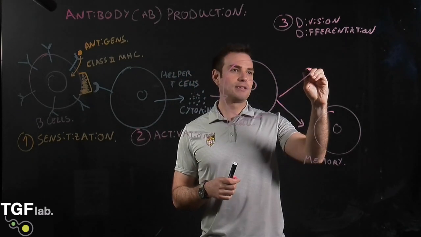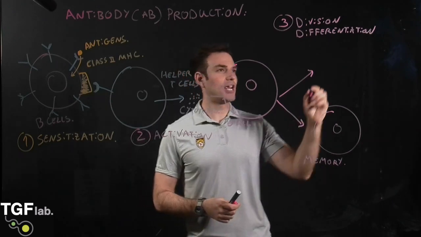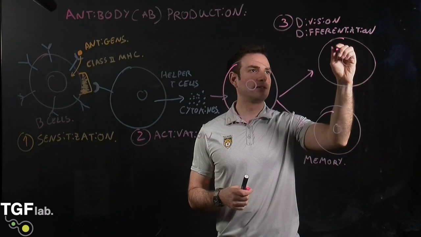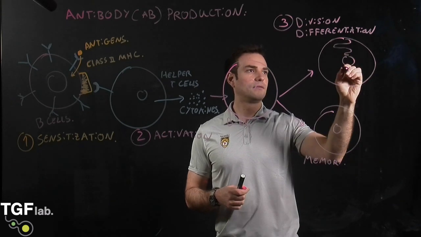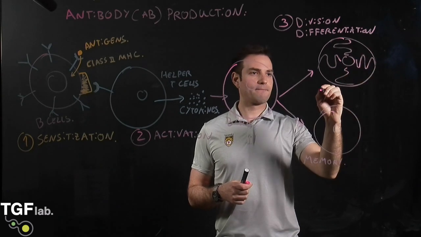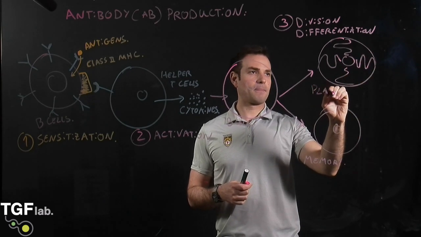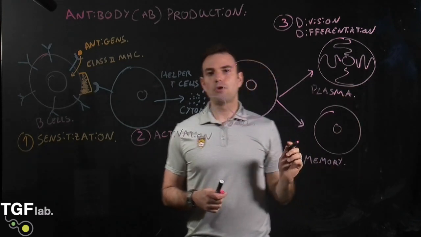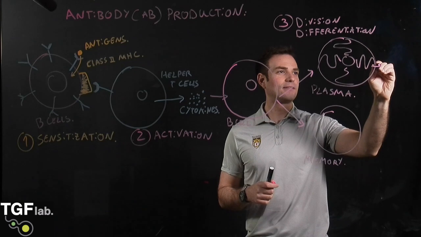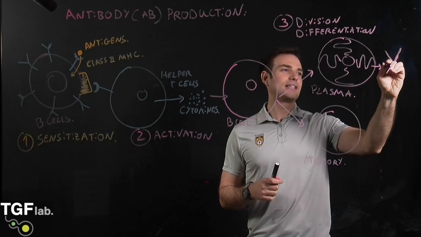And also, these B cells are going to divide and differentiate into another type of B cell, which is called the plasma cells. So these plasma cells are extremely important because they are going to secrete the antibodies.